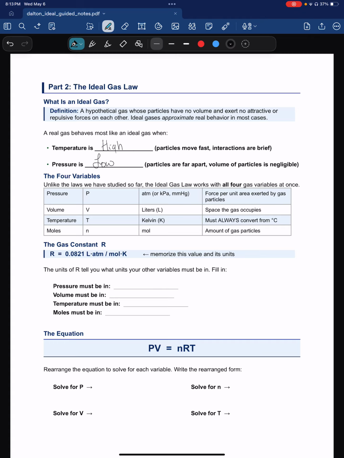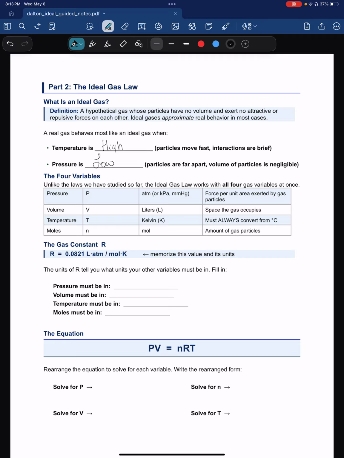That's because the particles are far apart, and so the volume of the particles is negligible in those cases. And so when we're in either or both of these scenarios, you can actually just kind of throw out the correcting factors altogether, the ones that I said earlier that we weren't going to use because we're not. But you might be interested to know that a real gas behaves most like an ideal gas in these two scenarios, which is pretty cool.